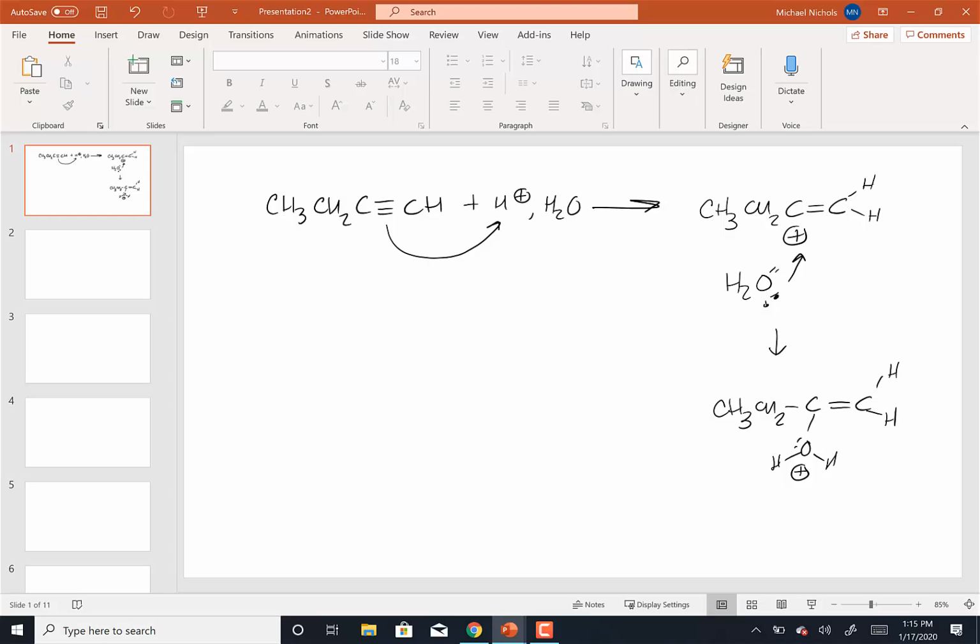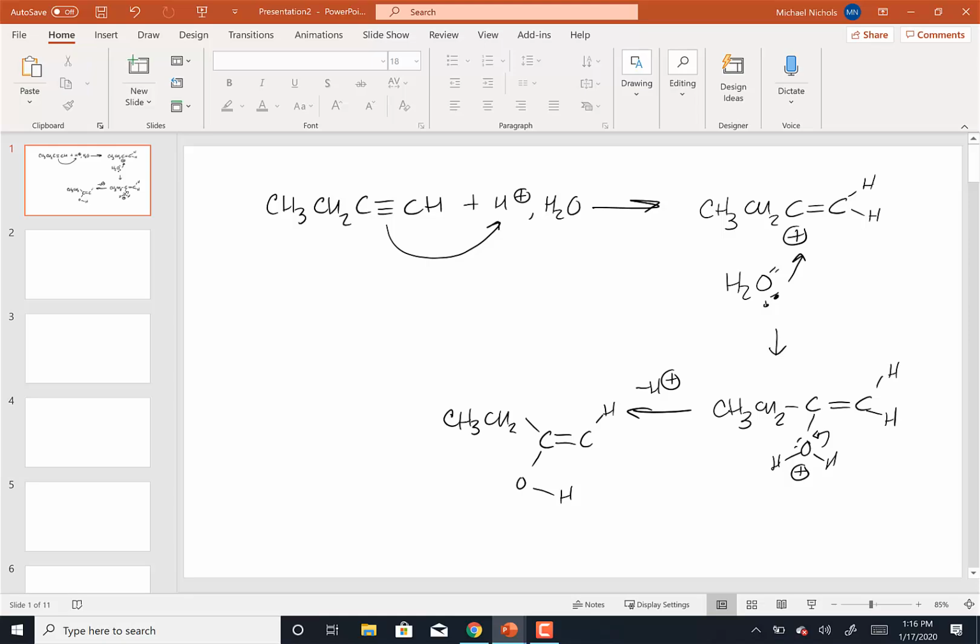The whole thing adds. So we end up with the oxonium ion. And then the final step is going to be lose the H+. So the H+ was a catalyst. It still is.